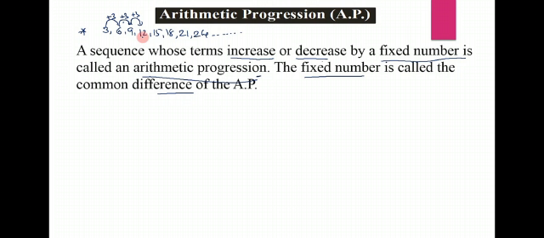Such a sequence is said to be an arithmetic progression. Whatever fixed number we are adding or subtracting is called the common difference. In general, it is denoted by a small d. I hope you understand the definition of arithmetic progressions.